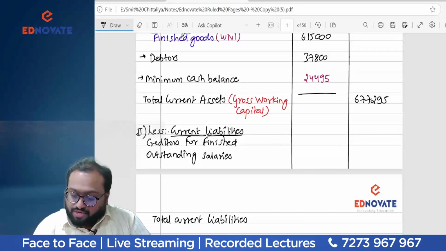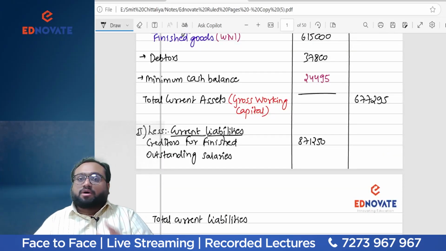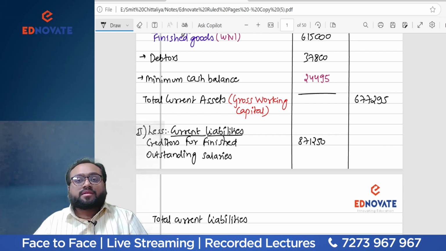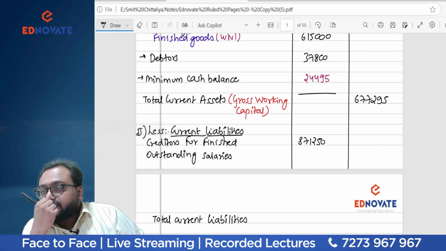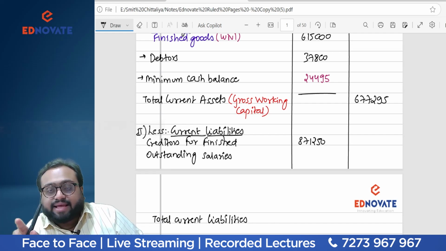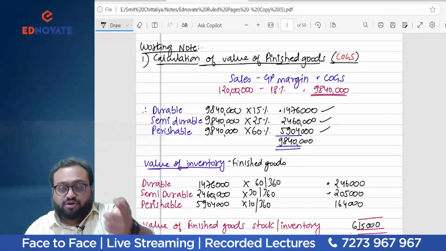Since I got the answer, I'll simply write it in my working capital. Yes, students, it will be 8,71,250. Now coming to the last item to find out your working capital, outstanding salaries. See, we saw that there is 48 lakhs of salary in the entire year and 1 month is outstanding, because we are paying after 1 month. So of course, on the first day of the next month.